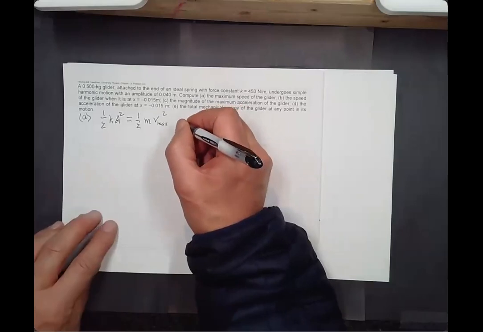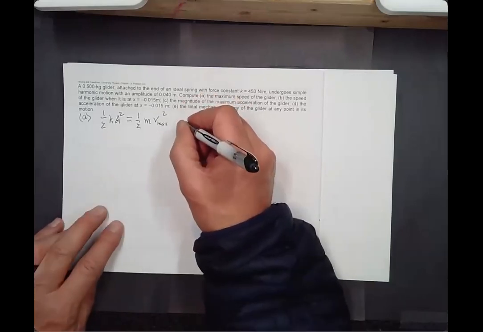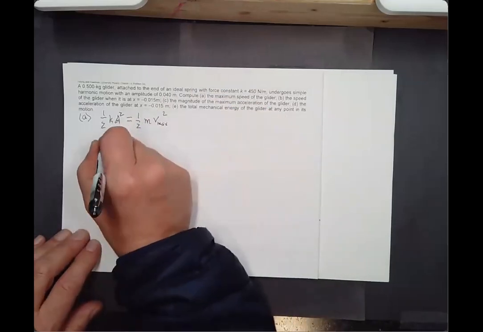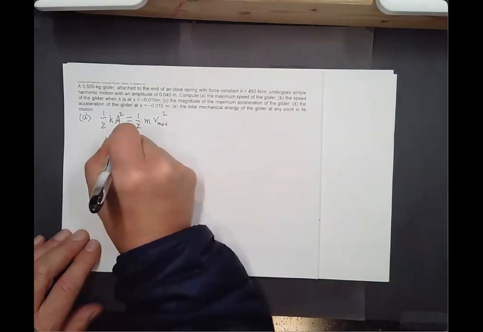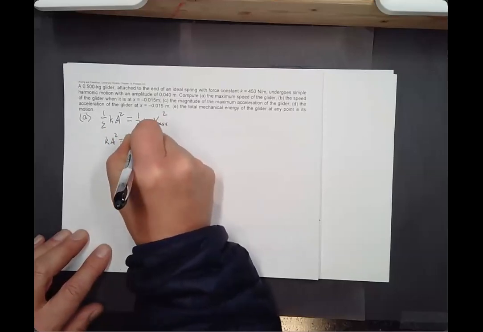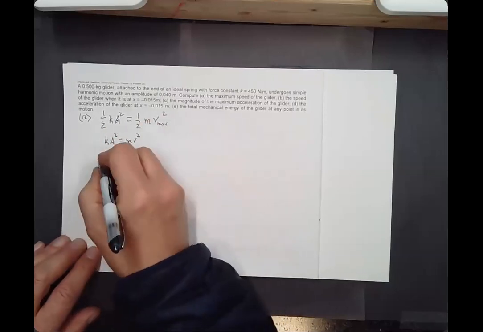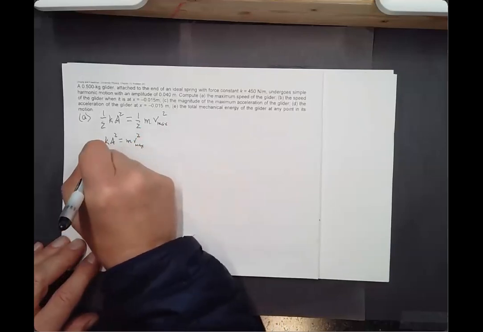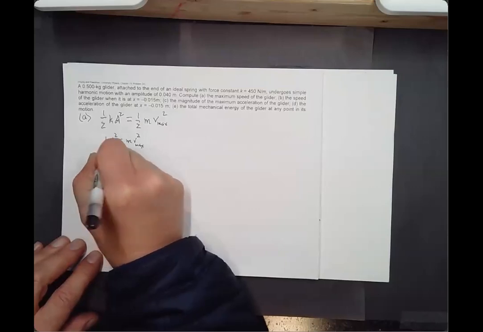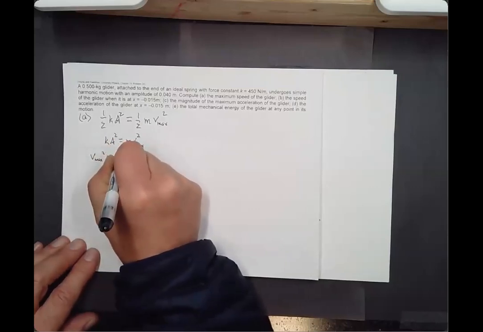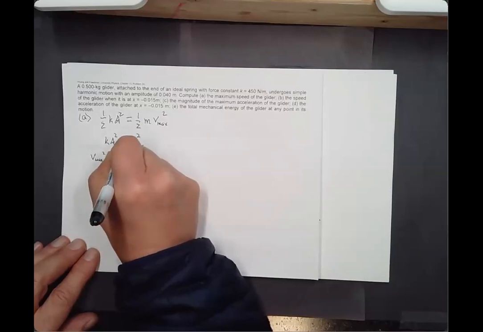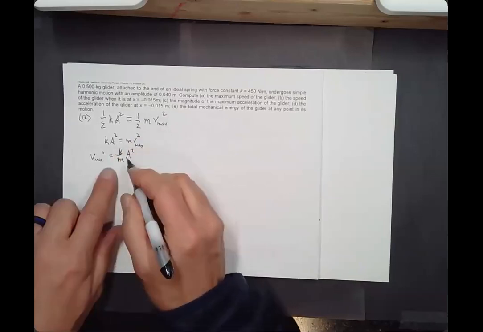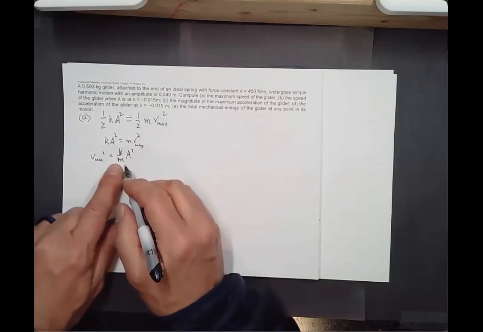And so, knock out the 1/2s here. I'll get ka squared equals m v max squared. v max squared is going to be k over m a squared. k over m is omega squared.